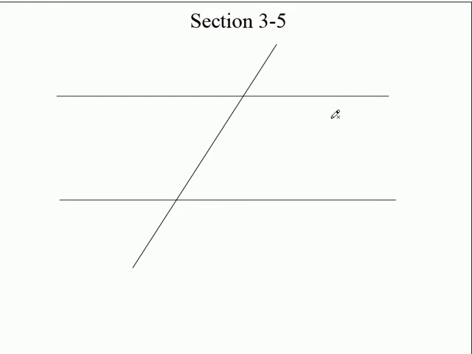This formula, I should say, or theorem, doesn't say if two parallel lines are cut by a transversal. This theorem says if two what? Lines. If two lines are cut by a transversal, we'll just say, are cut by a transversal.